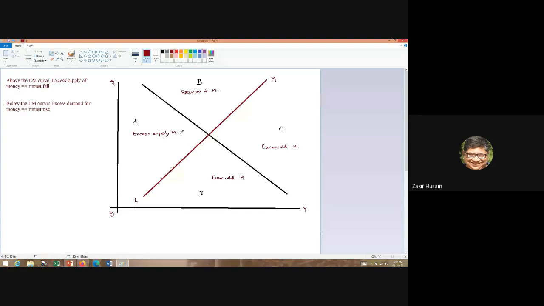So this implies that R should fall, and this implies R should rise.